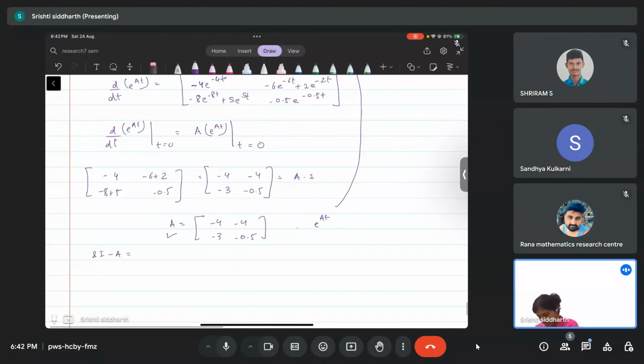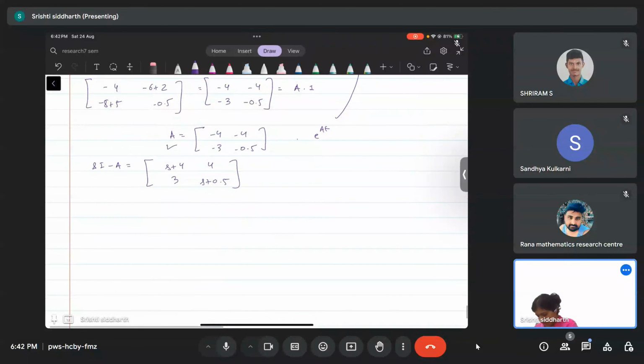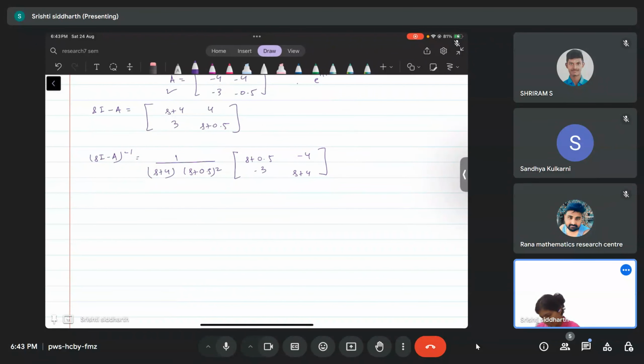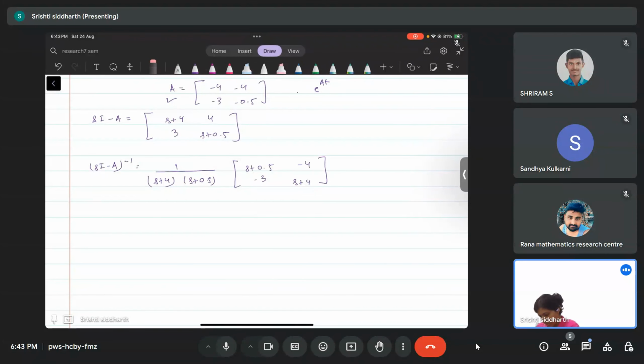sI minus A is going to be s plus 4, s plus 1, and 5, 4 and 3. Now we know how to compute the inverse. Sorry, this is not square.